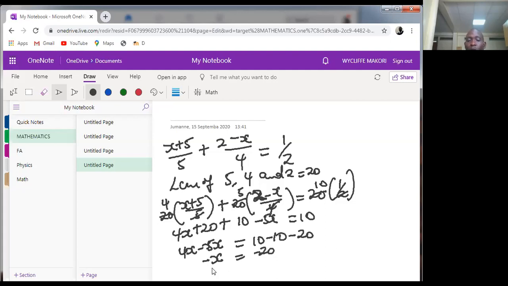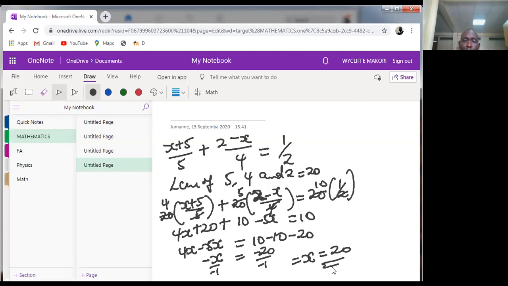So we can divide by negative 1 on both sides so that we have positive x is equal to 20. And that is what you need to do. The moment you have multiplied everywhere by the LCM, your work becomes very simple and you are able to work out that particular equation.